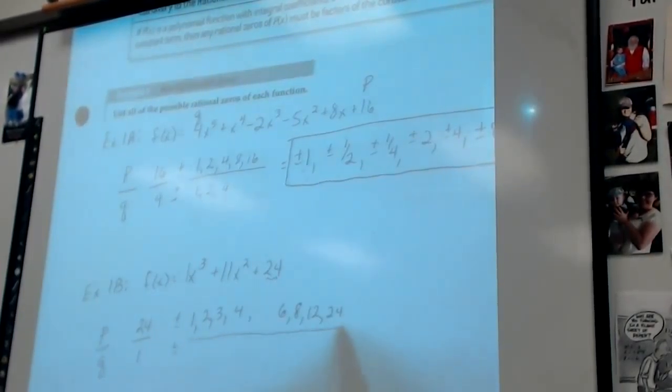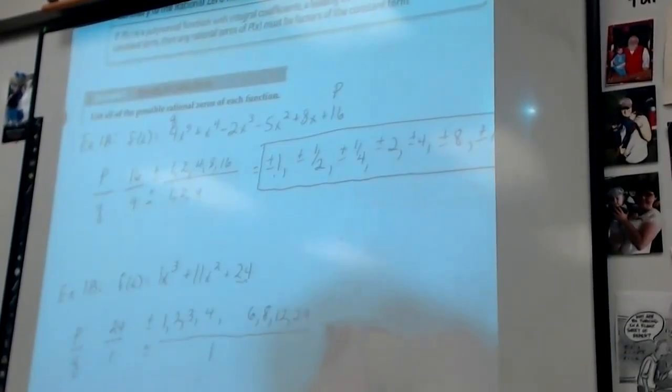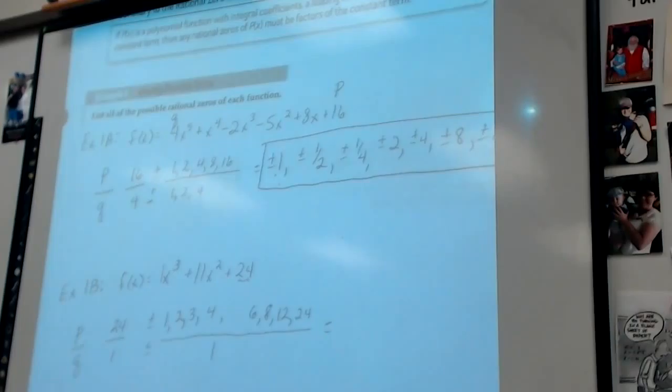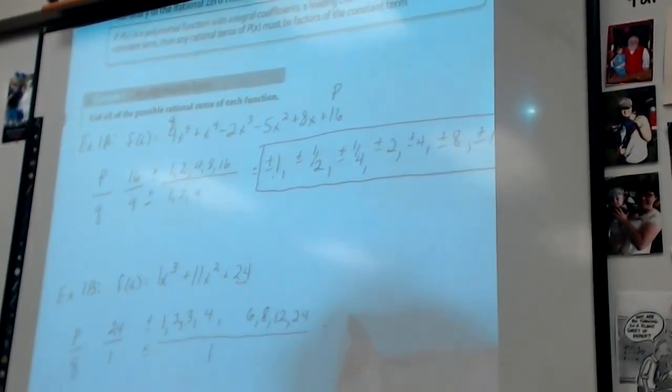Now, what are your factors of 1? So, basically, in this one, what are your rational zeros going to be? Your possibilities. It's going to be these up here, right? Because if you divide them all by 1, that's what you'll get. Now, on this one, I'm just going to list the plus or minus. I'm going to be lazy at the front, but you need to know that it goes with every one of them.